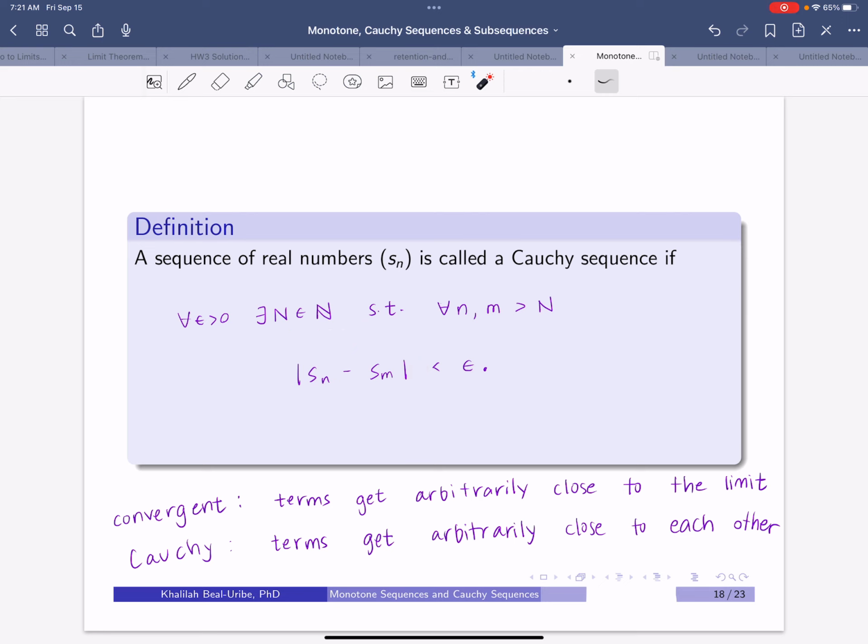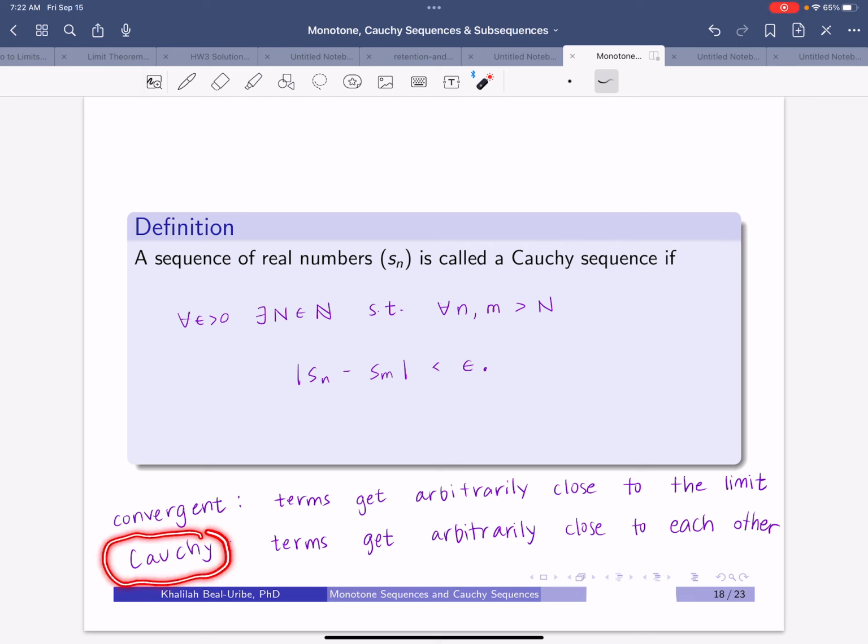So just to compare and contrast Cauchy versus convergent, in a convergent sequence, the terms get arbitrarily close to the limit. The key thing you're looking at is the distance between the nth term and the limit, and you can make that as small as you want if you go far enough out into your sequence.